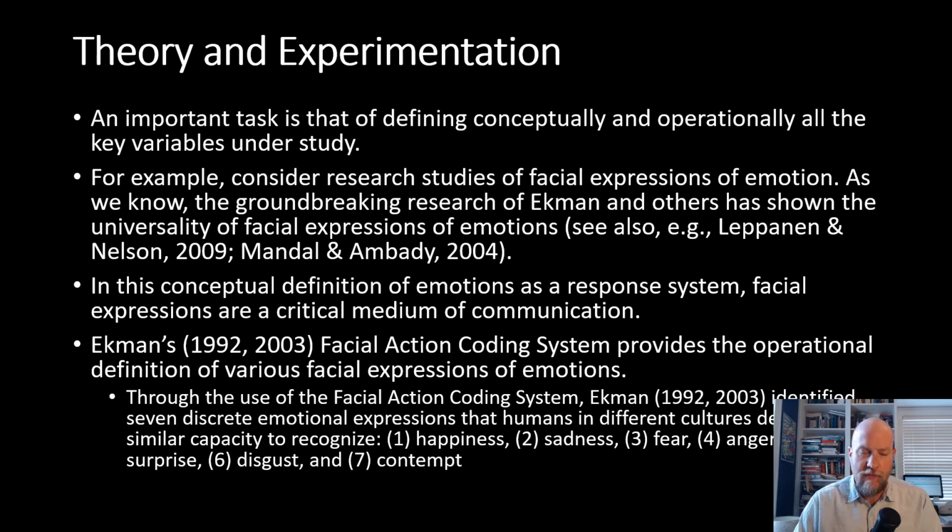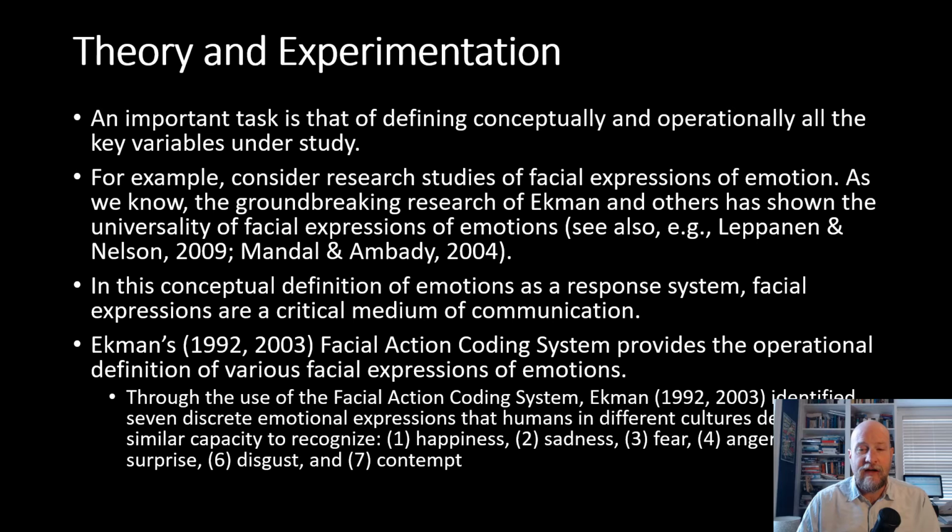If you remember previous lectures, we've talked a lot about how there's this really important task in science of taking concepts, constructs, hypothetical things that you can't touch or examine in the real world, that exist in an abstract way, and operationalizing them and being able to measure them and look at them in a scientific way, and to develop data that can then be tested statistically. So converting them into numbers and measurable phenomena. That's an important process, and it's important that we do that for all key variables that are under study.